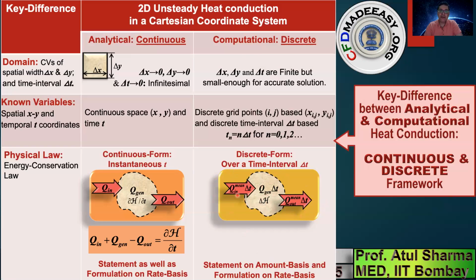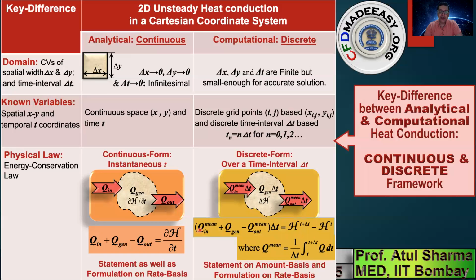But to develop the formulation, let me show you the formulation also. This is the formulation where I have taken the delta T common from all these Q. Note that although the statement is on the amount basis, the heat expressed in thermodynamics as Q corresponds to the amount of heat, whereas here this Q represents the rate of heat transfer.